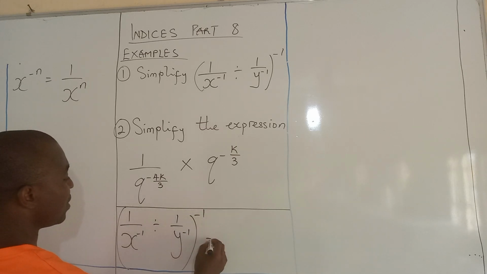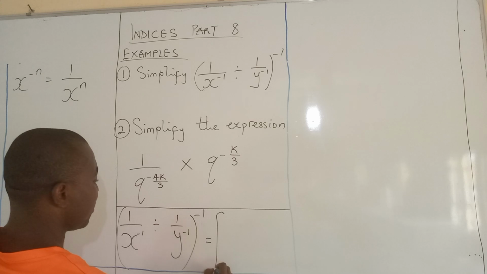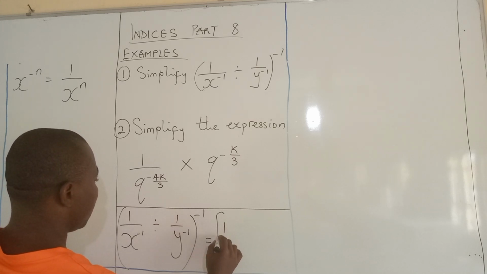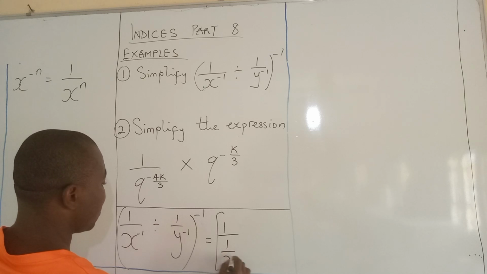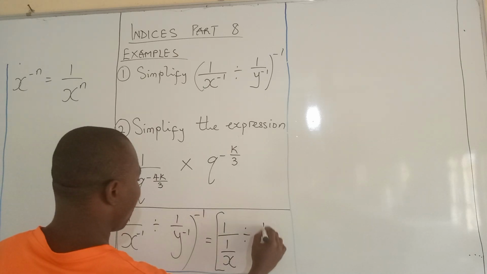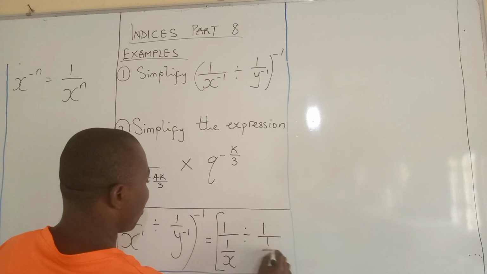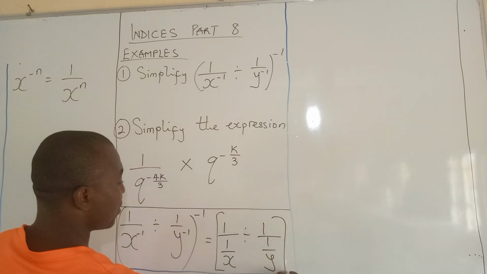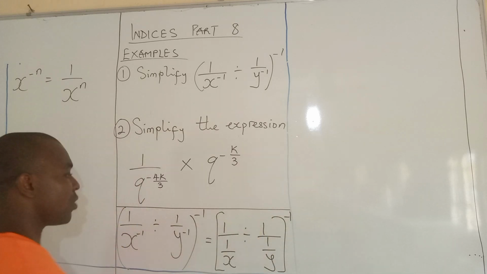raised to power minus 1 is the same thing as 1 divided by 1 over x, the power becomes positive, divided by 1 divided by 1 over y, the power becomes positive. Everything raised to power minus 1.